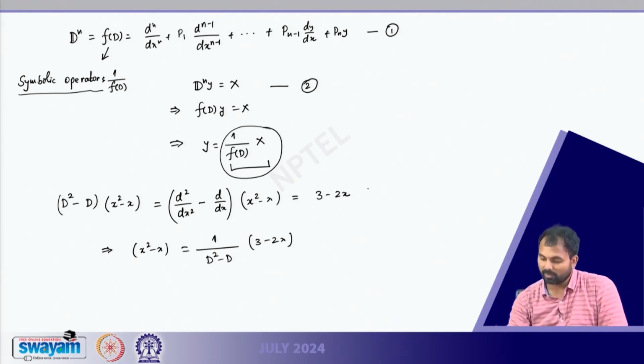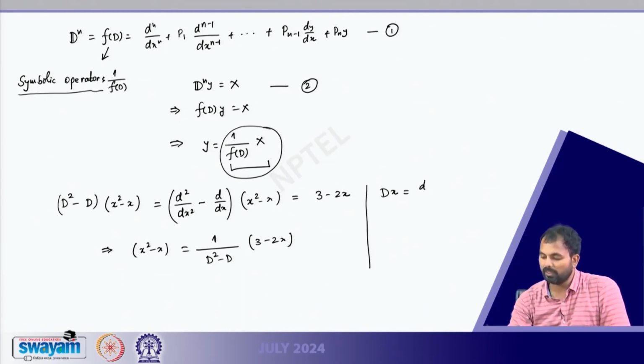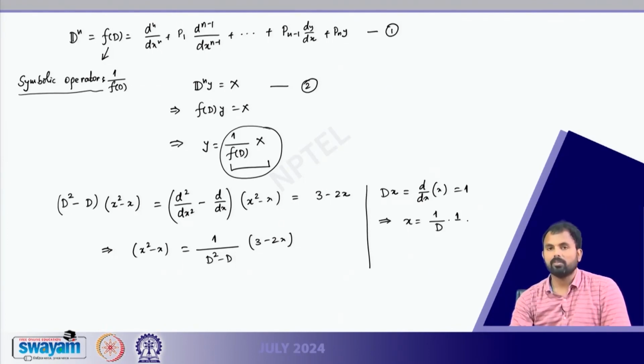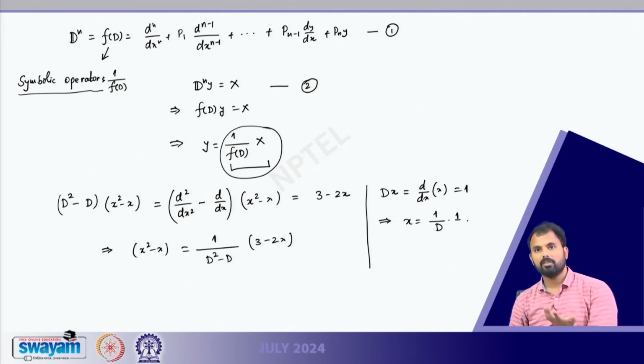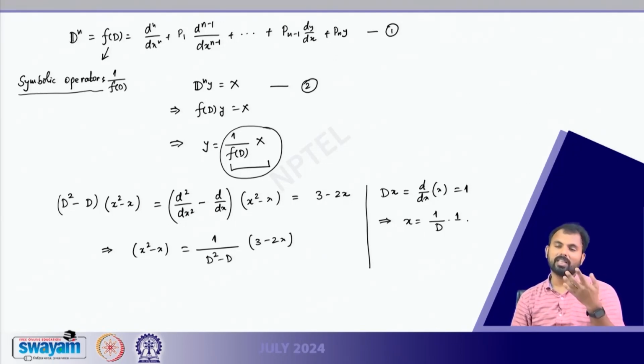To give you this in simpler terms, suppose we have D of x, which is d/dx of x, equal to 1, and from here we can write x equals 1 by D of 1. If you remember, when you do d/dx of a constant, let us say 1, it becomes 0, but here we are doing 1 by D. That means in a way it is an inverse of differentiation, and from traditional calculus, the inverse of differentiation is the integral.